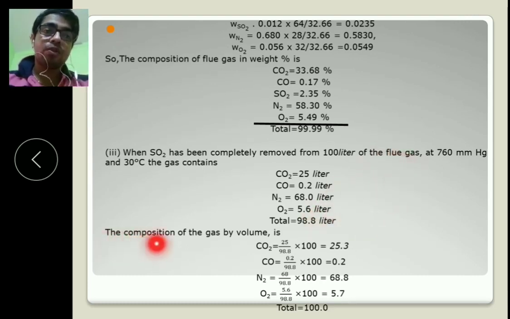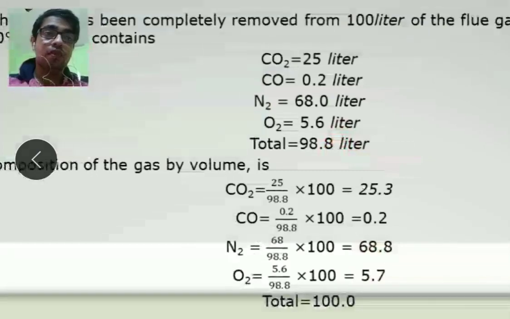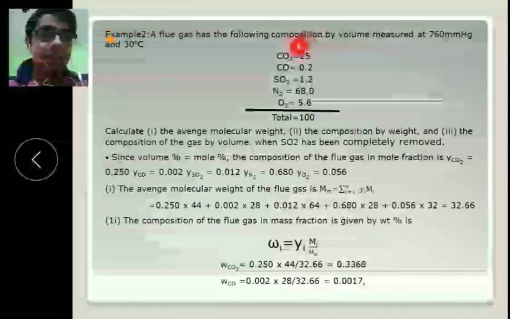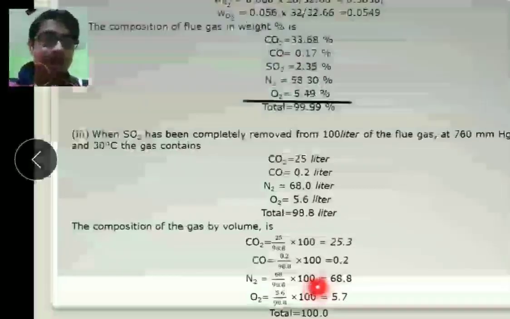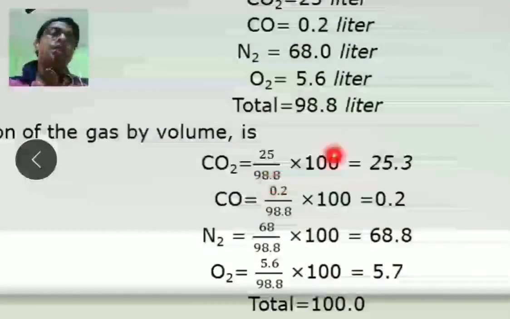So for the composition in volume percentage, here see the total volume is reduced, and before, the total volume was 100. So we have to multiply all the fractions by 100 over 98.8.